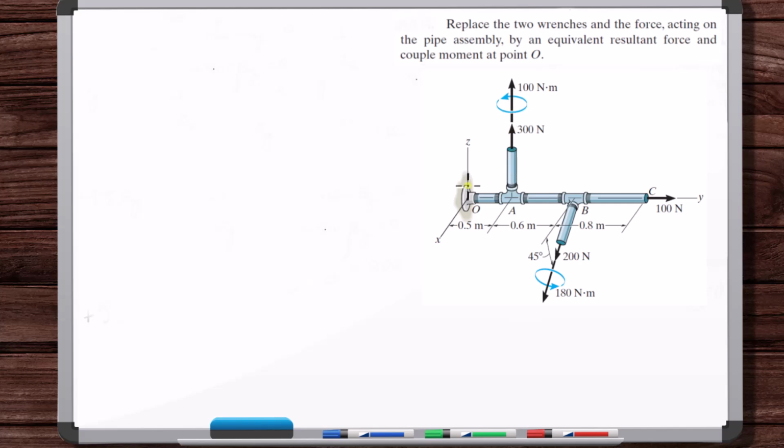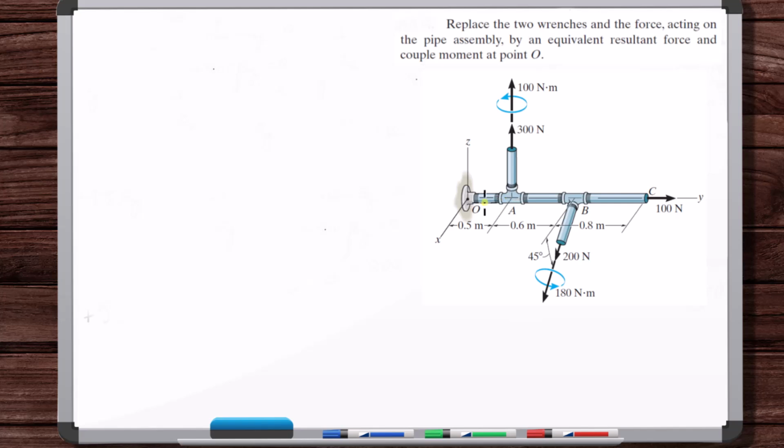If we're going to reverse this wrench at point O, bring the couple moment back to point O, then that's the parallel component. We could bring the couple moment and the force back to point O. So this is the part of the couple moment that's parallel to the force. But then what about the perpendicular component of the couple moment?